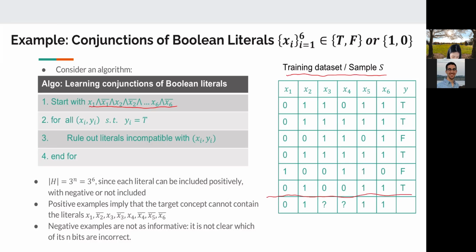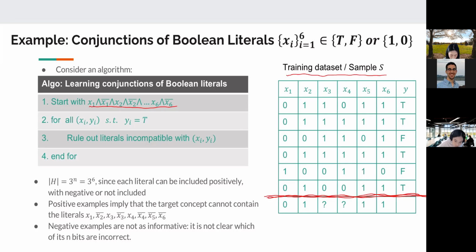Actually, this might be confusing, so look at the slide. The first example has x1 taking value 0, x2 taking value 1, x3 taking value 1, x4 taking value 0, x5 1, x6 1.